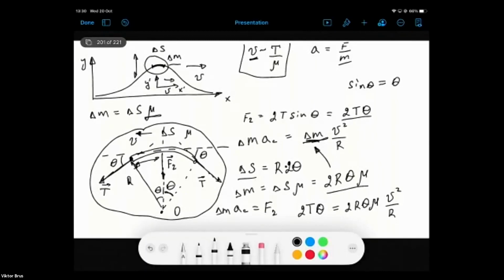So now we can cancel out this r, cancel out this 2, cancel out this theta. And what do we get eventually? We get that the speed of wave propagation on a string is equal to the square root of tension divided by linear density mu.